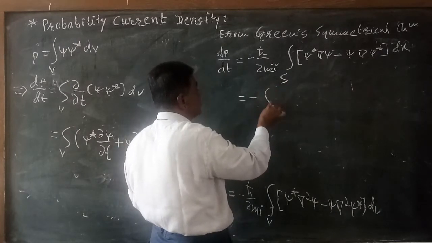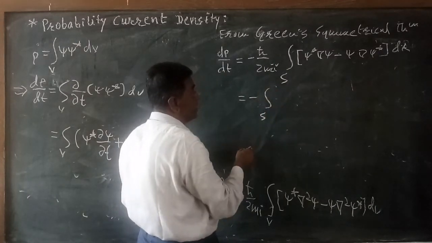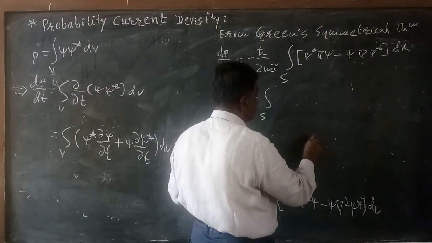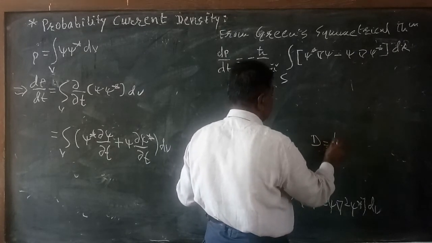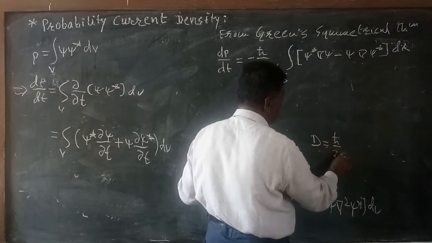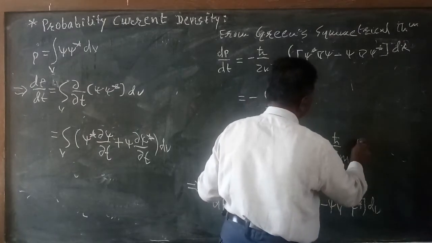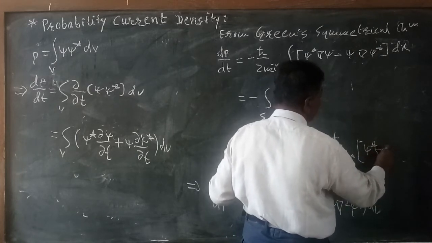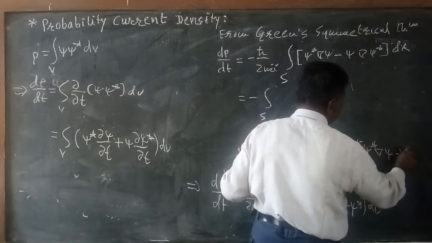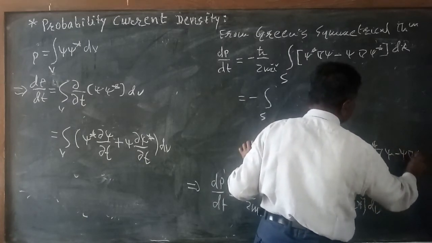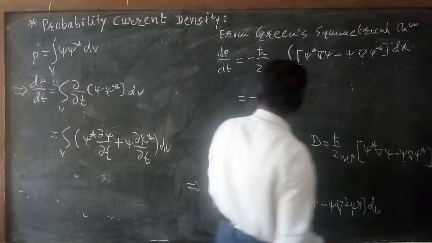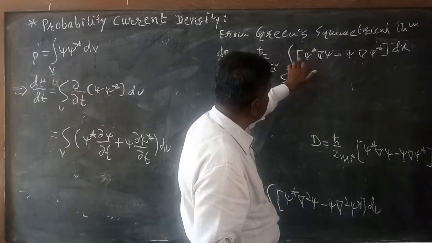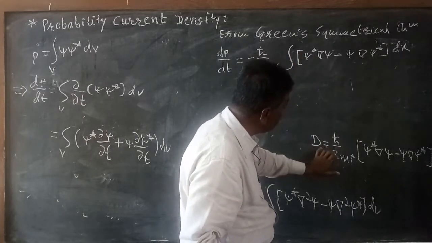So we get the integral over S, and we put a symbol for it, that is D. D is nothing but h cross divided by twice m i times the bracket psi star del psi minus psi del psi star. So instead of h cross divided by twice m i, take it inside this integral, and that term can be taken as D.